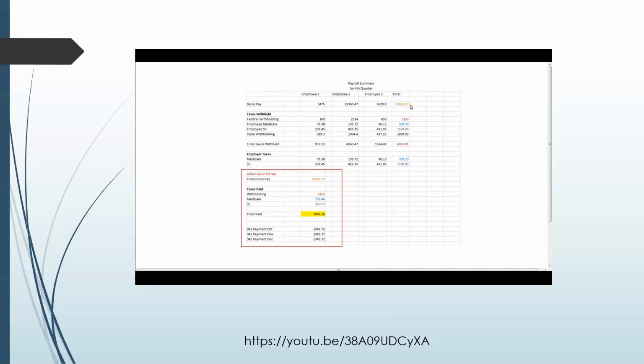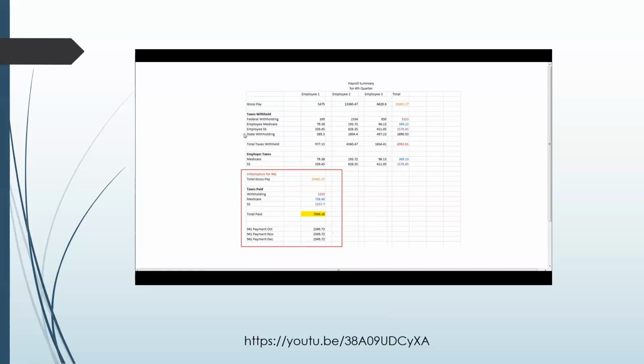I've also included in the spreadsheet the taxes that were withheld from each employee's paycheck. Now this is just the employee portion of the taxes. So I've included the federal withholding from each paycheck, the employee Medicare portion, the employee Social Security portion, and the state withholding.